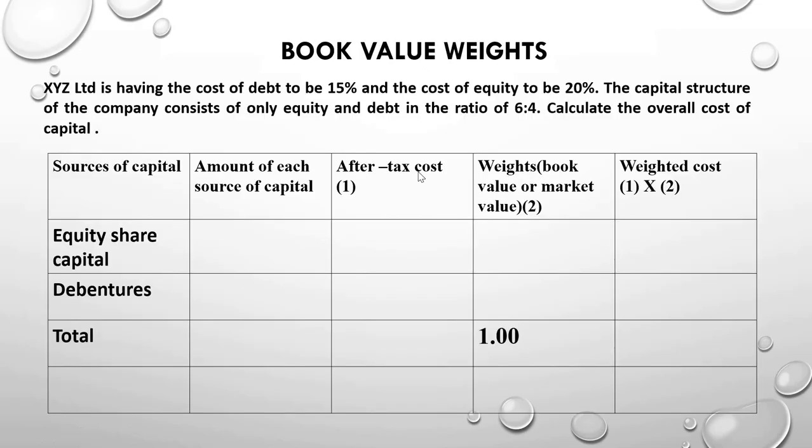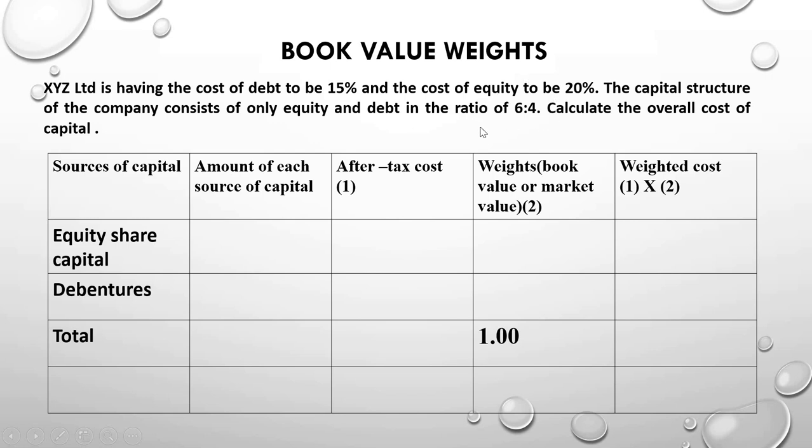I have taken a small question. The question says that XYZ Limited has a cost of debt of 15%. That means I have already calculated the cost of debt to be 15% and cost of equity to be 20%. The capital structure consists of only debt and equity, and the equity proportion is 6 and debt proportion is 4.